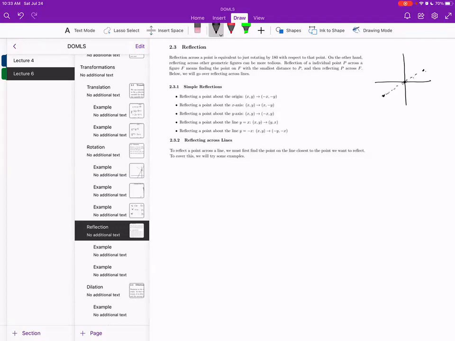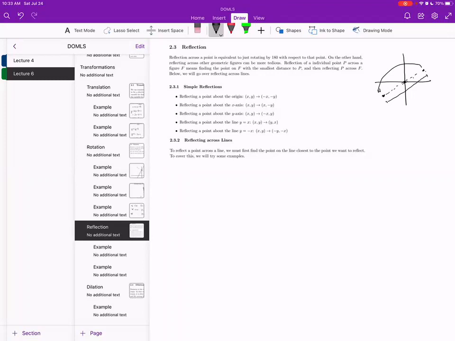All three of these points are collinear, or they lie on the same line. And this origin, which was the center of reflection, is going to be the midpoint of this line segment. So the same idea we can state by saying that we're taking this point and rotating it 180 degrees. For a point, they are the exact same transformation.